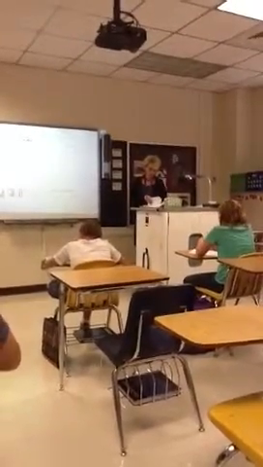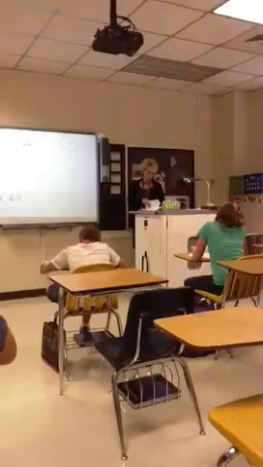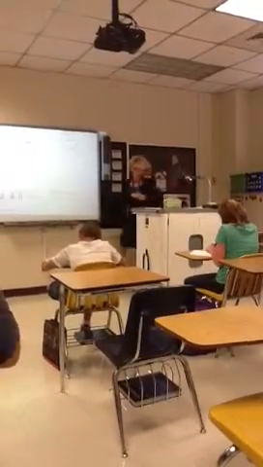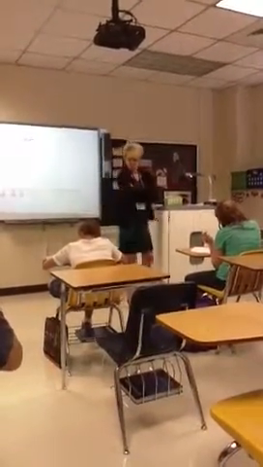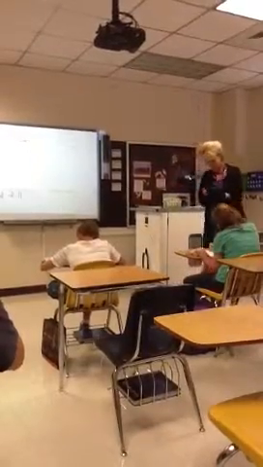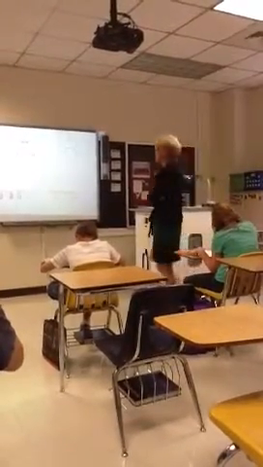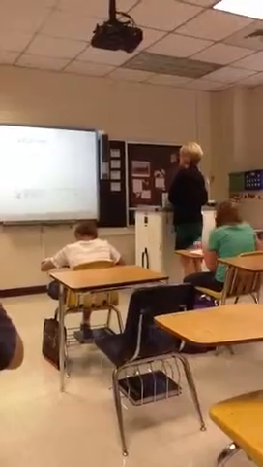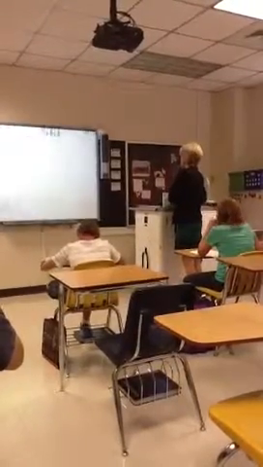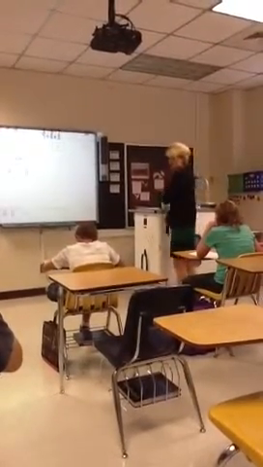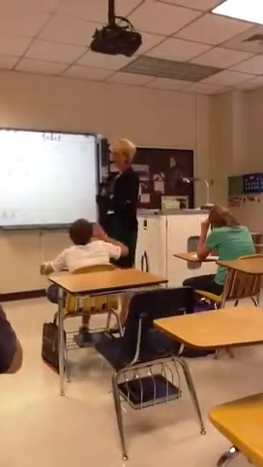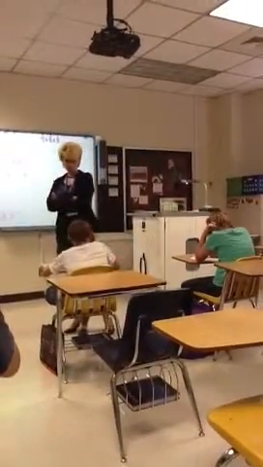Just make sure you do your multiplication tables. 50 ends in a 0, so what two numbers do we know automatically just by looking at 50 are going to go into it?